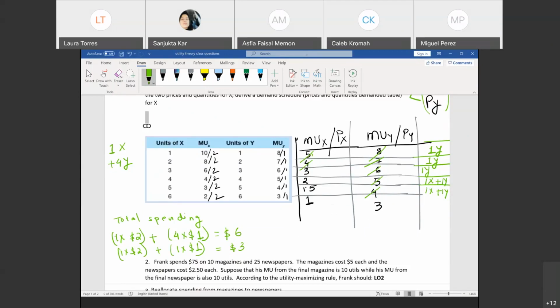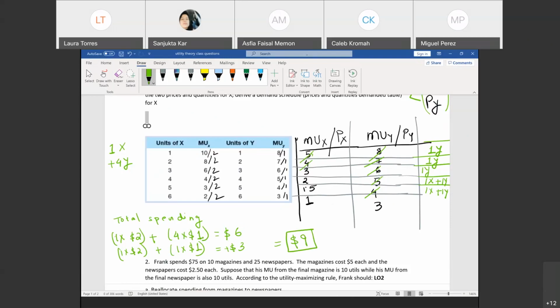All right, here we have spent our $9. So we spent all our money, and the question was how many units of each good you are buying.